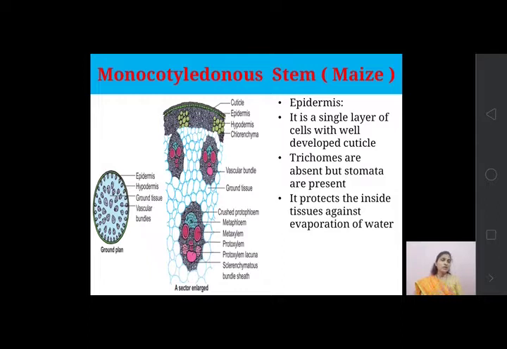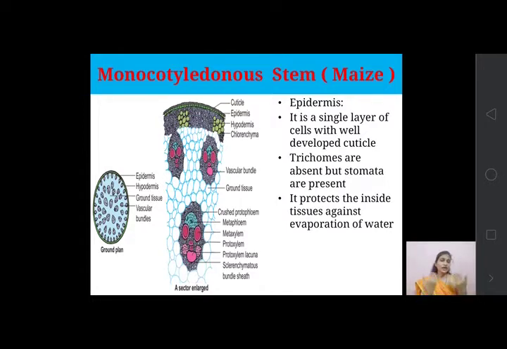The first part of every anatomical organ that we have seen is the epidermis, the outermost protective covering present all over the plant body.